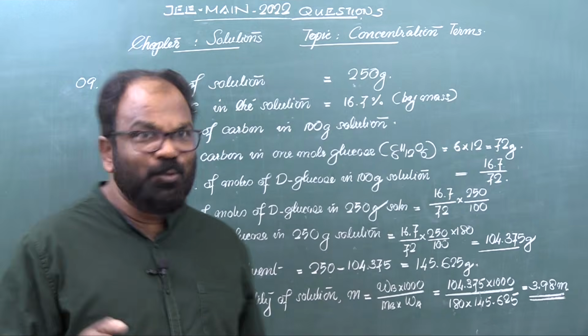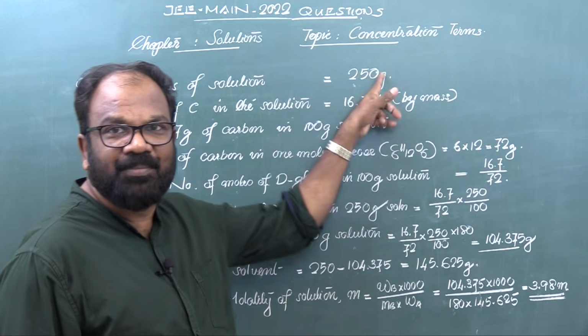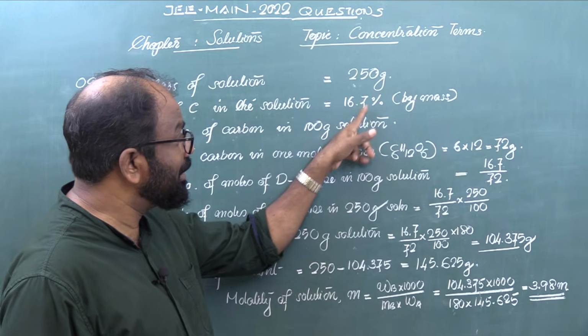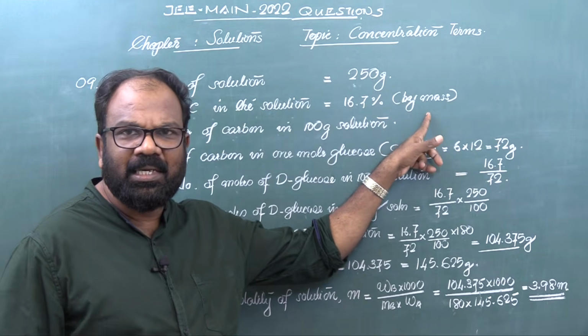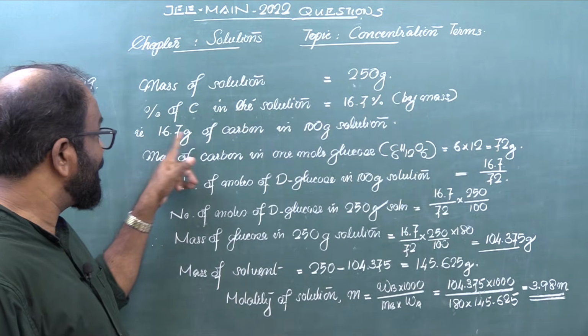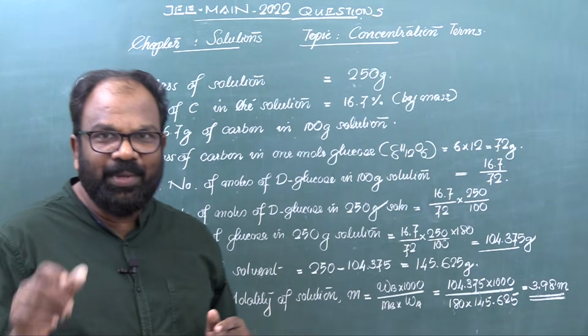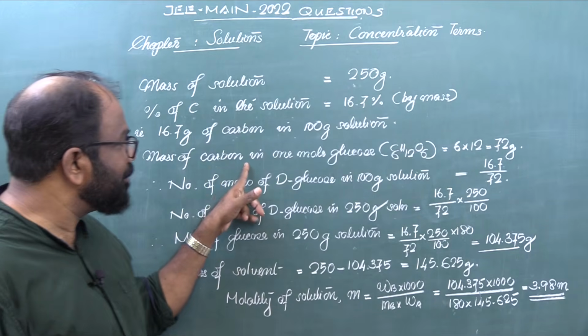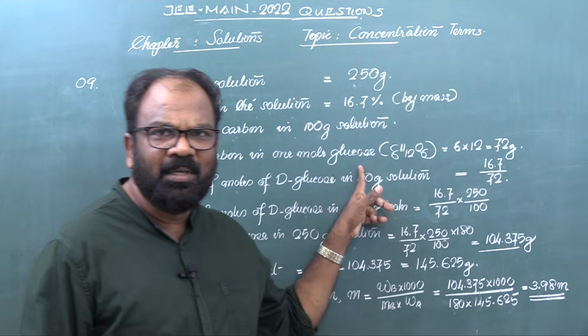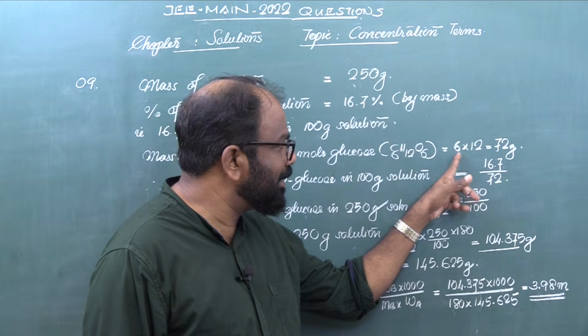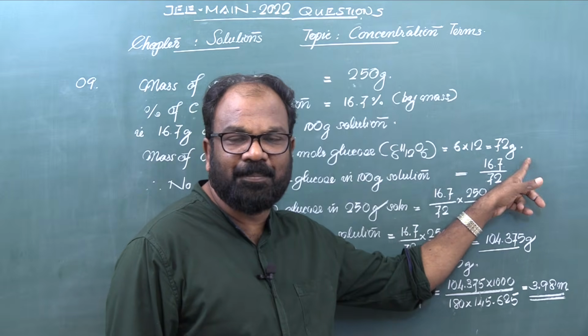Here the mass of solution is given as 250 gram and the percentage of carbon in the solution is equal to 16.7% by mass. That means 16.7 gram carbon is present in 100 gram solution. Now we can calculate the mass of carbon present in 1 mole glucose. 1 mole glucose contains 6 carbon atoms, therefore it is equal to 6 into 12, that is equal to 72 gram.